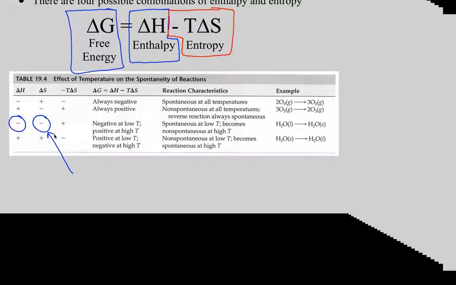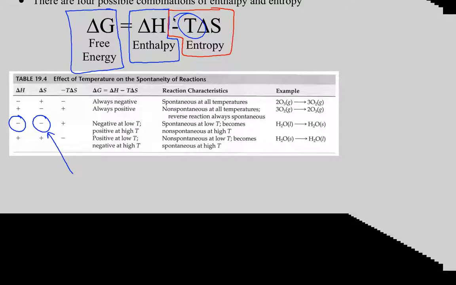So guys, what can we do to make bad smaller? Decrease the temperature. Because the thing that's bad is delta S, and delta S depends on temperature. And in this case, delta S is bad. So to make bad smaller, we can drop the temperature.